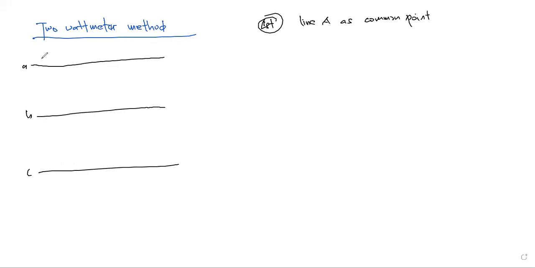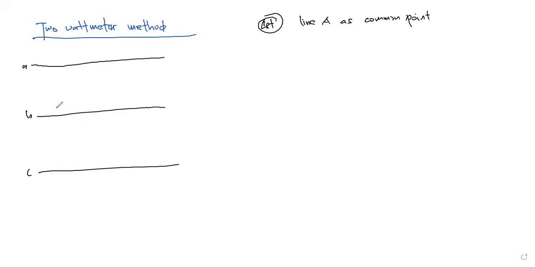Okay, so meaning to say, line A would be common. That means the current coils of the two wattmeters will be in lines B and C. Okay, so meaning to say, we do not connect the potential coil of the wattmeter to the common point, which is line A.